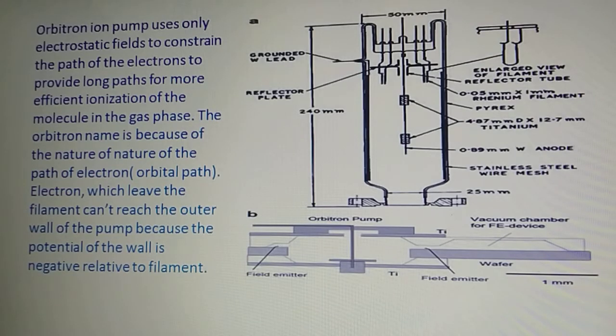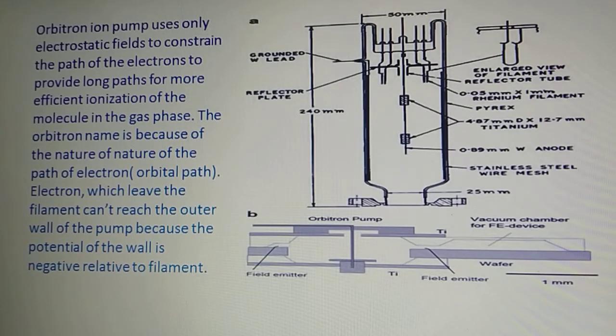So what it does basically is ionization with the help of electrons in the gas phase. The orbitron name is because of the nature of the path of the electrons, and these electrons have an orbital path in the field, so that's why it is called the orbitron pump.